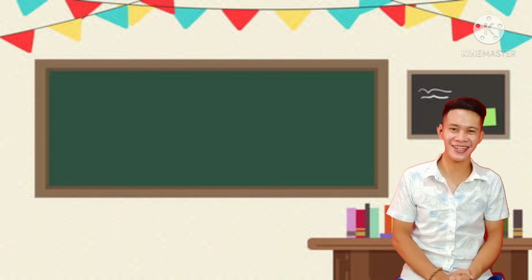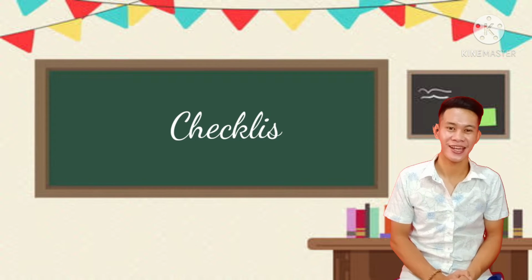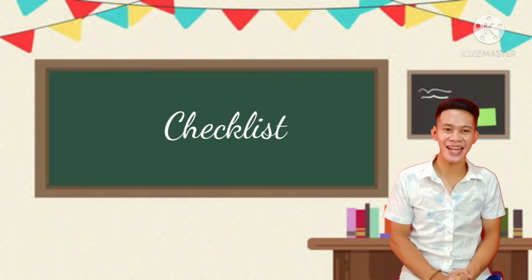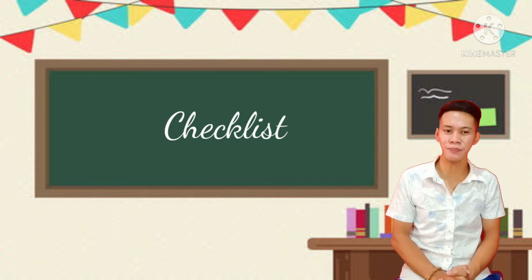Next word is checklists. Checklist is an assessment tool that sets out specific criteria which educators and students may use to gauge skill development or progress.